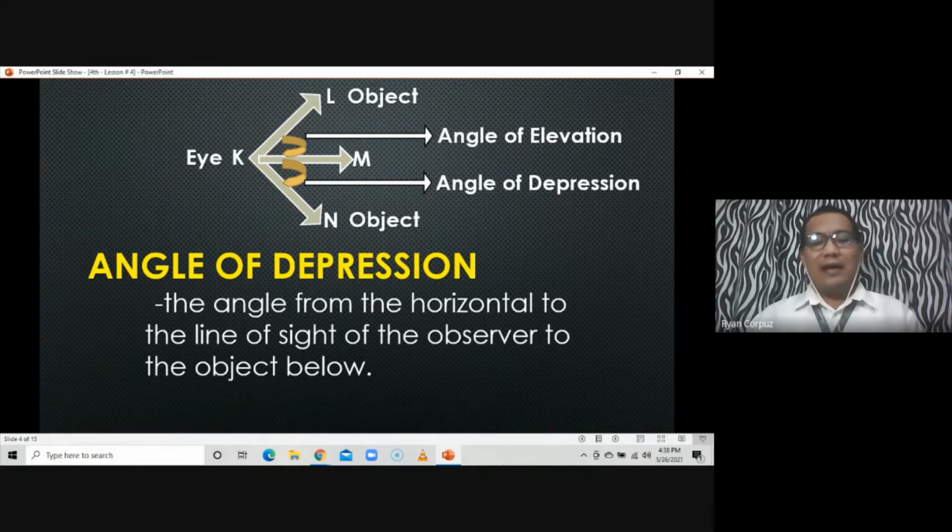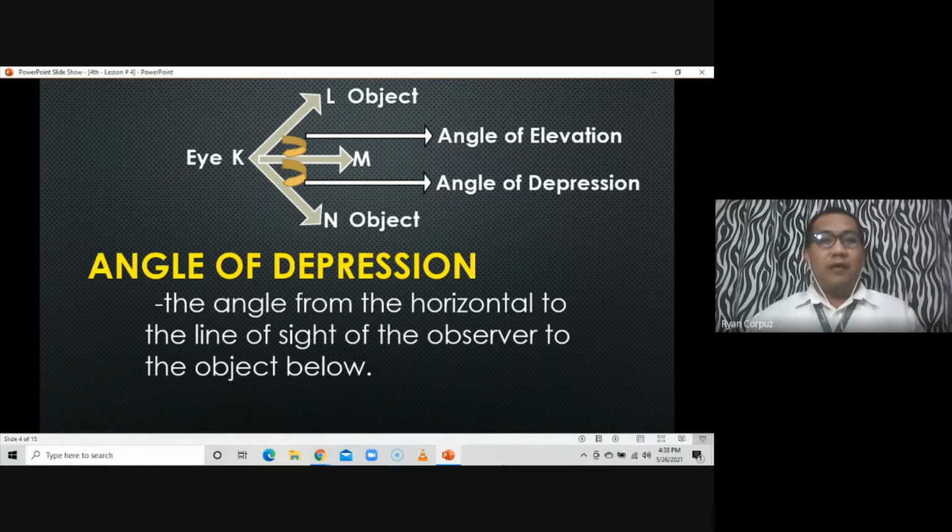So ngayon, ano yung kailangan natin in order for us to solve problems which involve angle of elevation and angle of depression? So dito na ngayon papasok yung application of the trigonometric ratios that we have discussed. So particularly, the trigonometric ratios na ginagamit natin dito are the basic trigonometric ratios, or yung tinatawag natin in short na SOHCAHTOA.